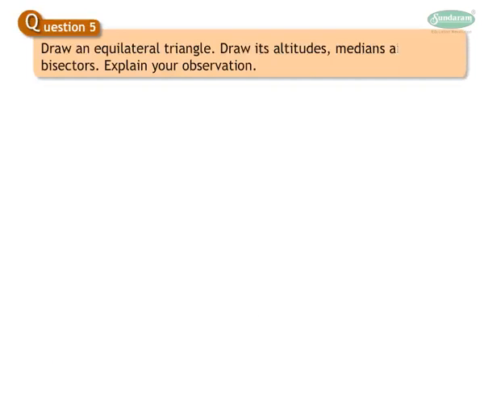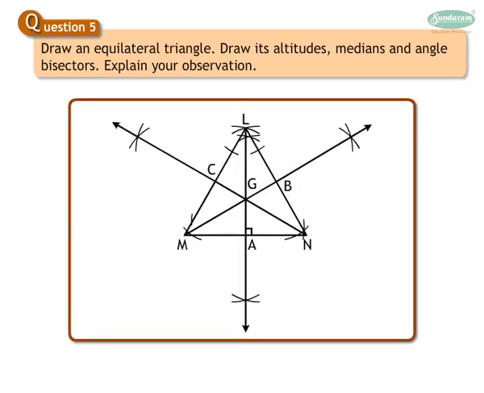Question 5. Draw an equilateral triangle. Draw its altitudes, medians, and angle bisectors. Explain your observation. Solution. Let us draw an equilateral triangle LMN.